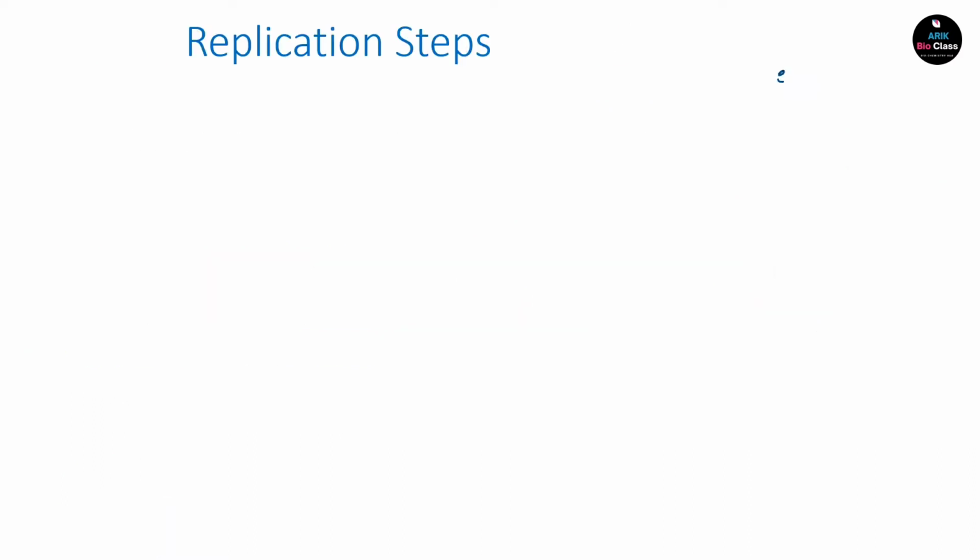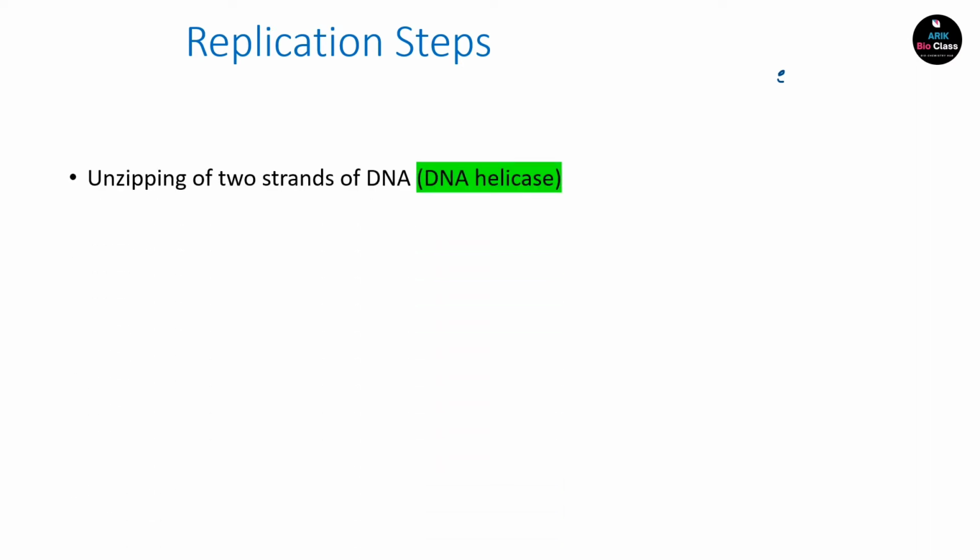Let's see the various steps that go on in replication. First one, unzipping of the two strands of DNA. The enzyme responsible for this is called DNA helicase. This is the most important enzyme here, which causes unzipping of DNA.